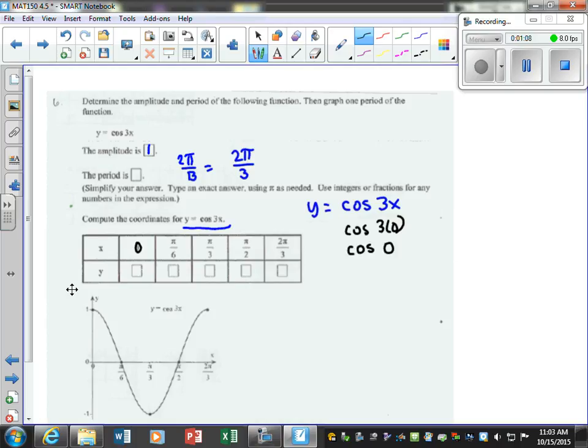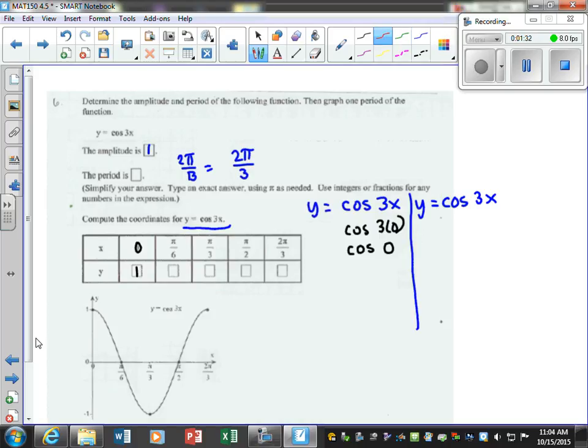Well, what is the cosine of 0? On your unit circle, 1. Good. Also, we can see that matched. When the x value is 0, the y value is 1. But on the right, we're going to assume that we don't see that graph on the bottom so that we can understand where these calculations come from.